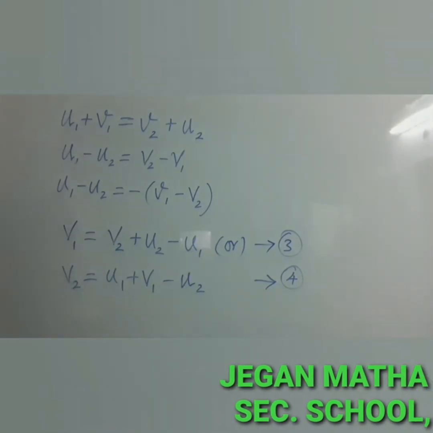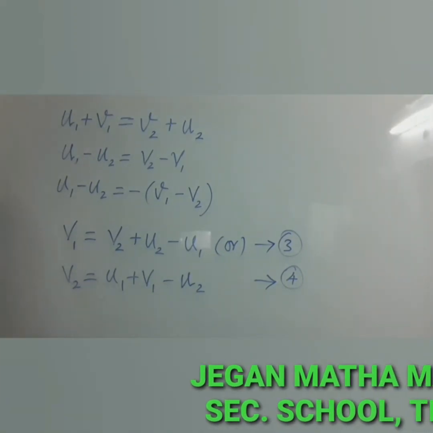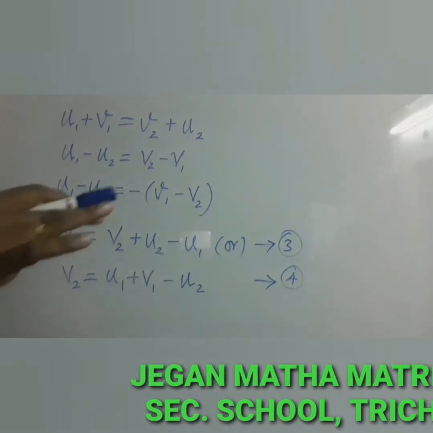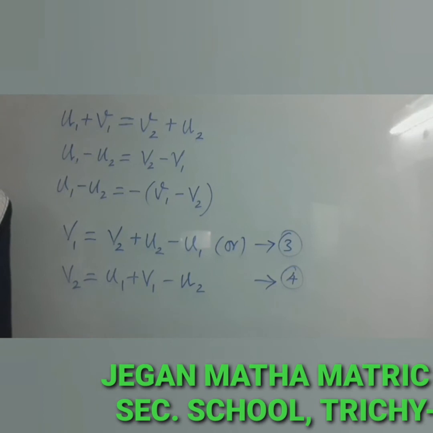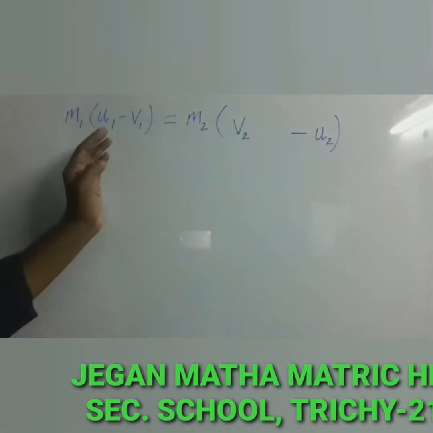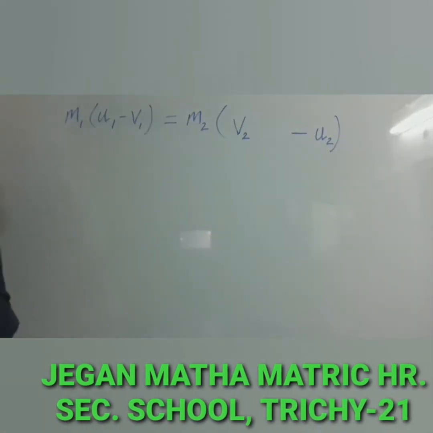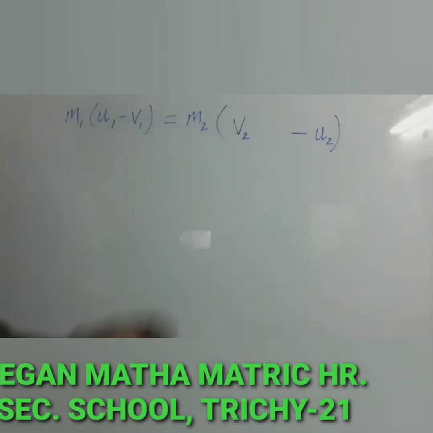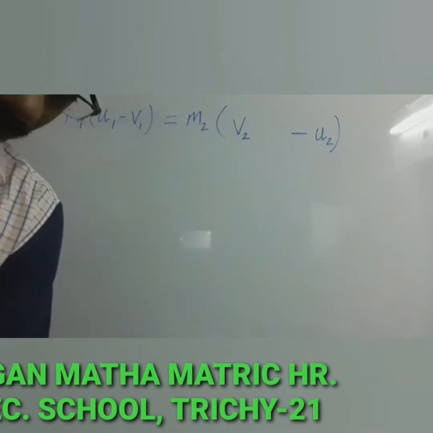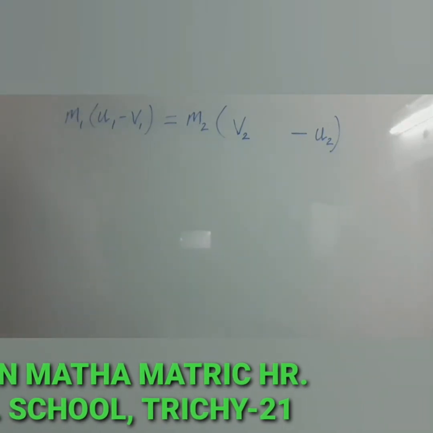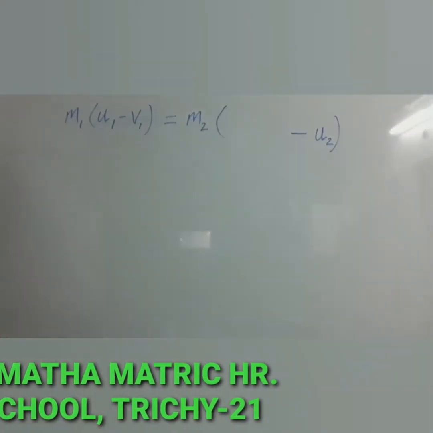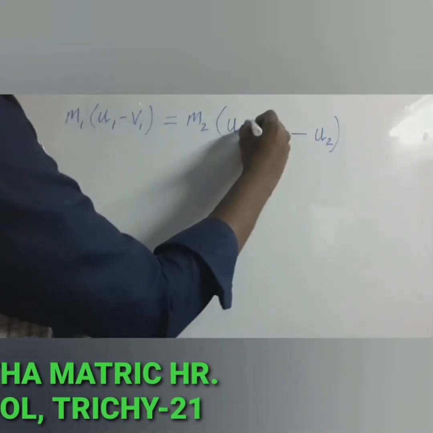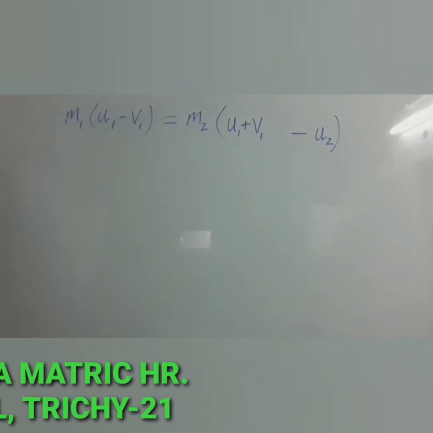Now to find the final velocities V1 and V2, we can substitute equation 4 in equation 1. Here I have written the first equation. Now we are going to substitute the value of V2. What is the value of V2 as per equation 4? V2 is equal to U1 plus V1 minus U2.